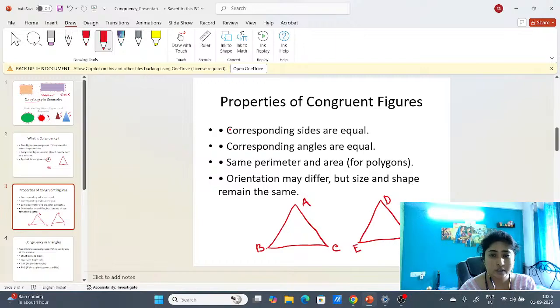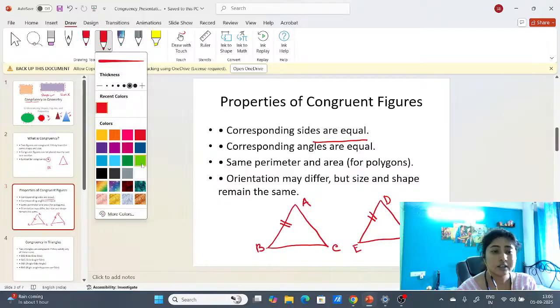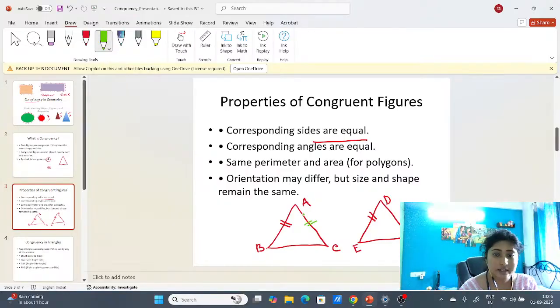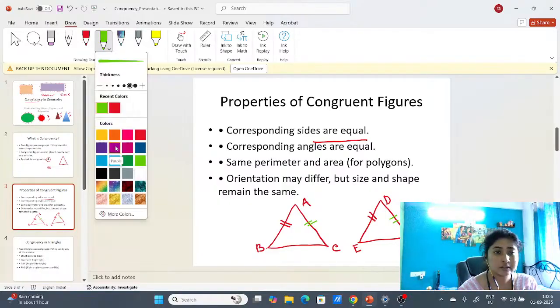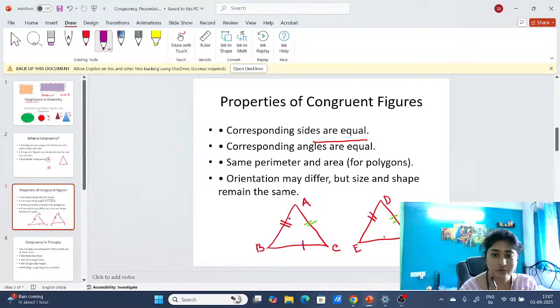If they are congruent, then they must have equal sides. Suppose this side is equal to this side, these two sides are also equal, and suppose this side BC is equal to side EF. Then I can call them congruent triangles.